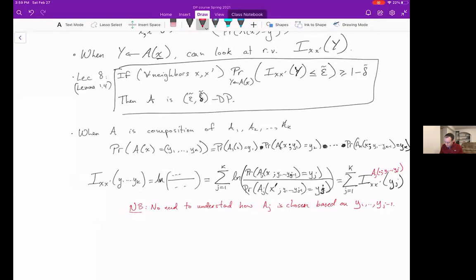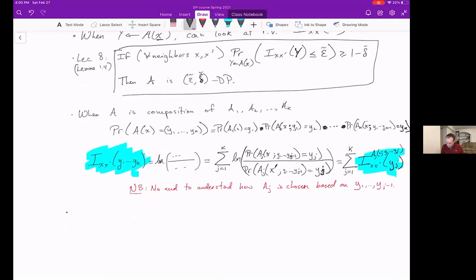The nice thing about this perspective is that it allows us to decouple that part of things and not worry about it. So what have we got? We've written the information loss random variable for the entire algorithm as a sum of little information loss random variables. Basically, all we need is a high probability statement about the sum. We want to show that the sum is at most epsilon tilde with high probability.